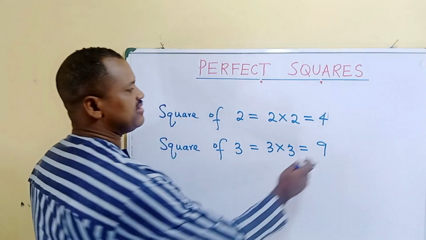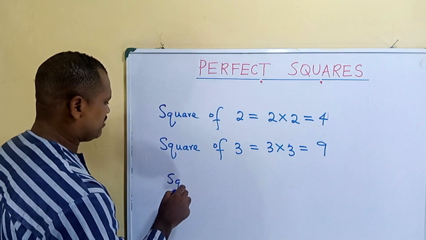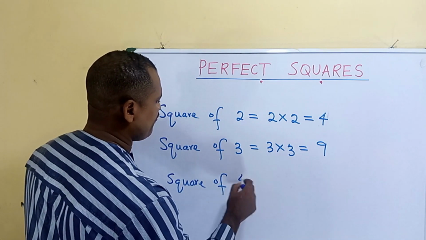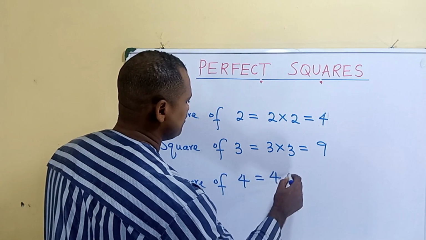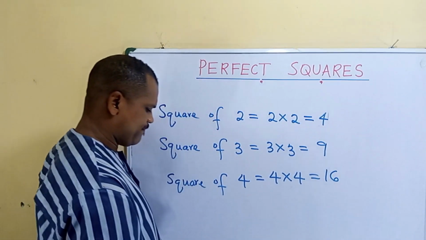Now, if you look at these numbers 4 and 9, let's add another one. Square of 4, which means 4 times 4, and that will give us 16.